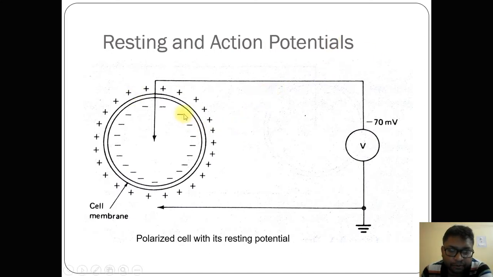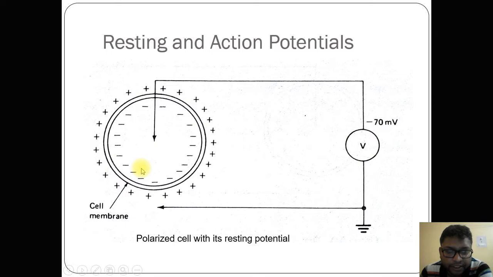Here, the body fluid consists of Na+ ions and K+ ions, and this is a cell. These cells contain channels, and those channels are sodium and potassium channels.